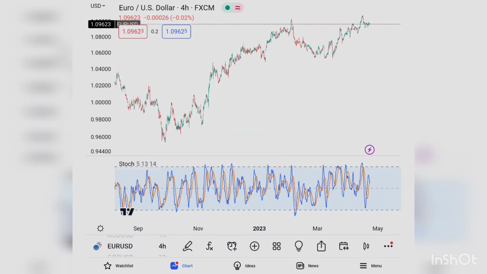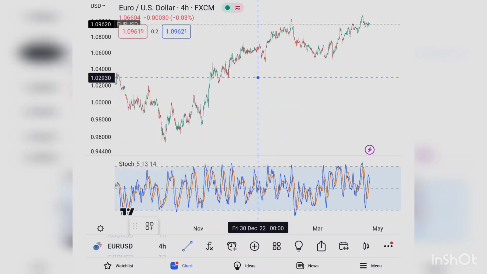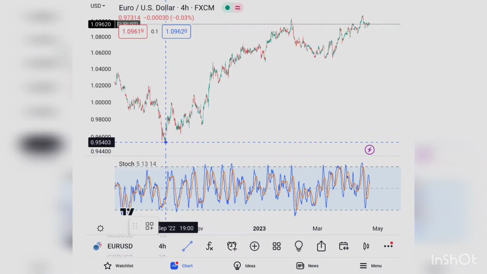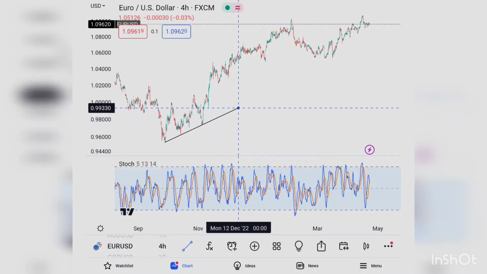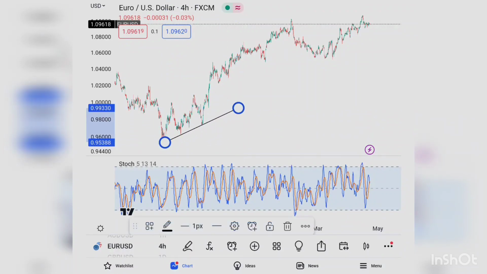So let's say for example here, I just want to make this video a 12-minute video. So looking here, right, you can already see that we are on an uptrend, right? So if you identify that we are now on an uptrend, you must start looking for those areas where the stochastic is at level 20, meaning that it is oversold.